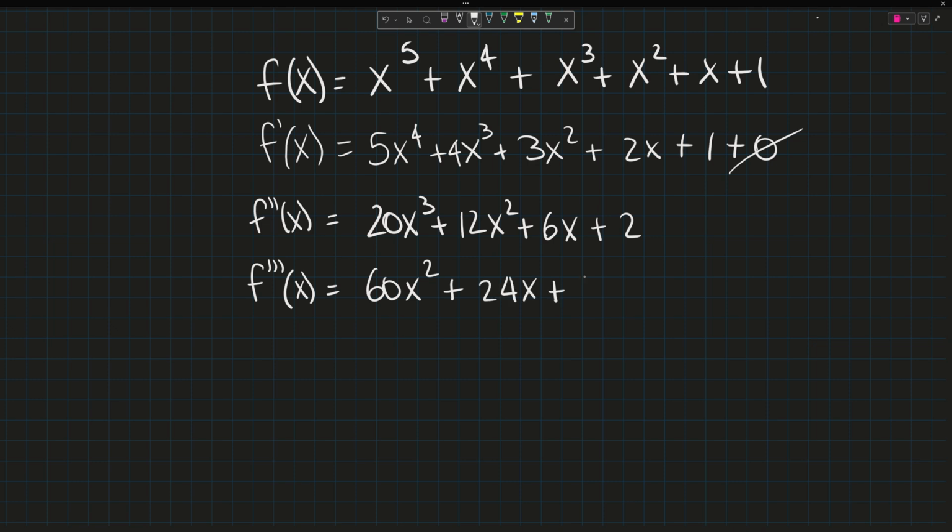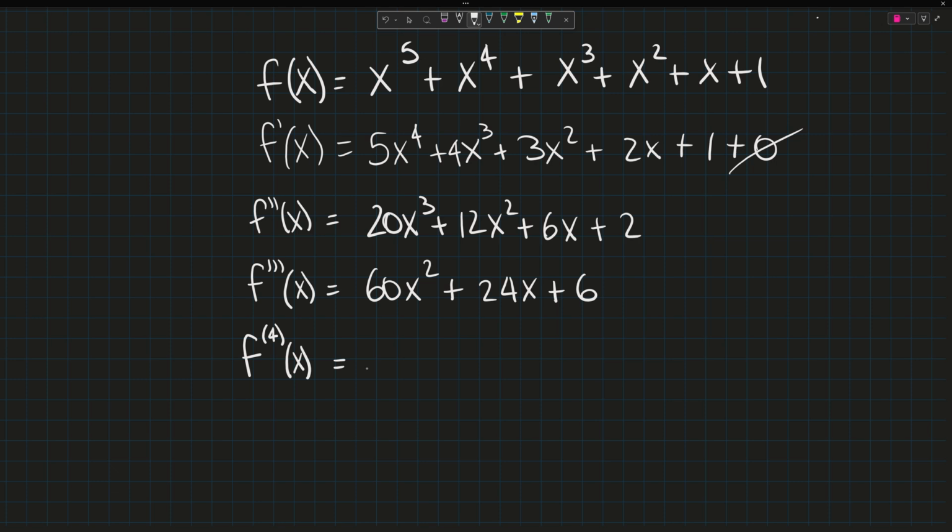Now the fourth derivative, we're not going to put 3 or 4 of those apostrophes, right? So we're going to write the notation like this. If you write the notation of that, that's comprehensive.